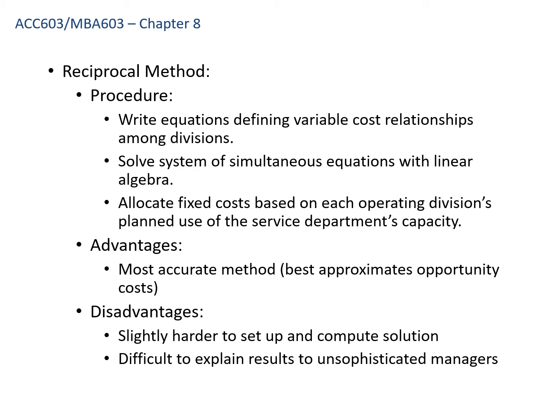So the procedure is to write equations defining the variable cost among each division, and then solve those simultaneous equations using linear algebra, and then I can allocate fixed costs based on their planned use of the capacity. So the advantage is it is the most accurate method. The disadvantage, it's hard to set up, it's hard to do the math, and probably most importantly, it's difficult to explain the results to people that don't understand the math, which is, I would say, probably in the real world, most managers.